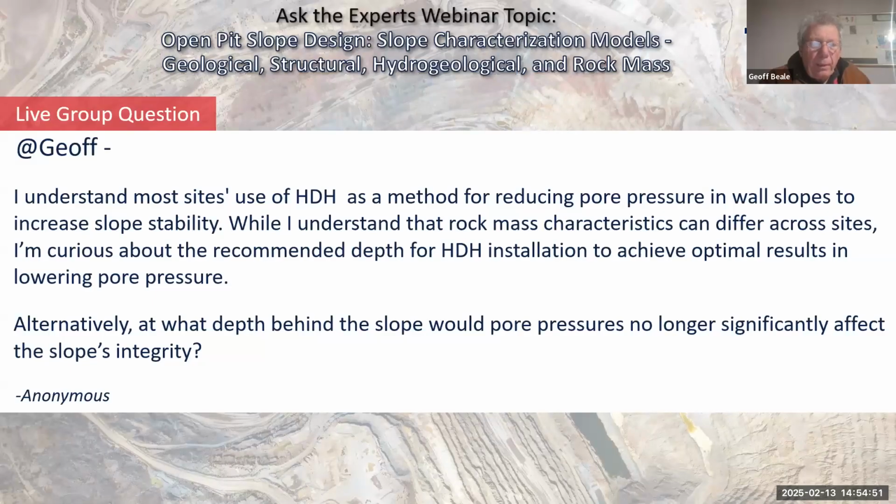If you're in a situation where you've got successive slope parallel faults, a danger is that if you drill too deep, you can bring water from a deeper fault, which is geotechnically confined and much more stable, into the horizontal drain hole, and the water can seep out into a structure which is closer to the slope, less geotechnically confined, and can therefore trigger an instability. I've been involved in at least 2 slope failures that have been triggered by drilling horizontal drains too deep.